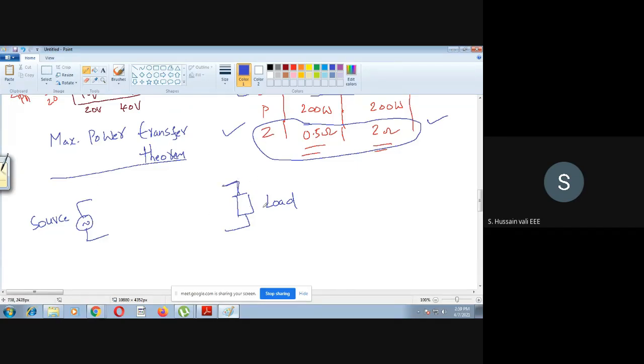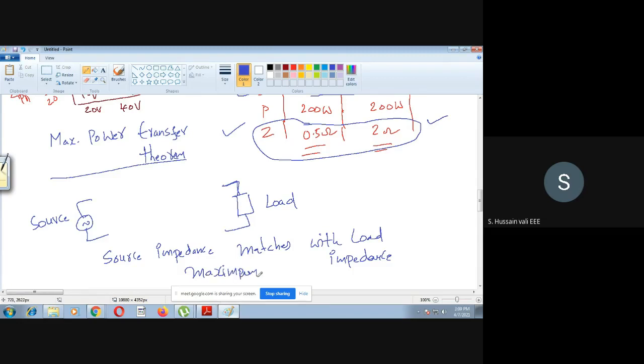What this theorem says is that when the source impedance matches with the load impedance, then what is the advantage?